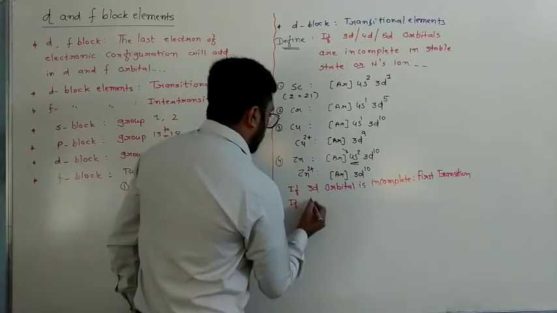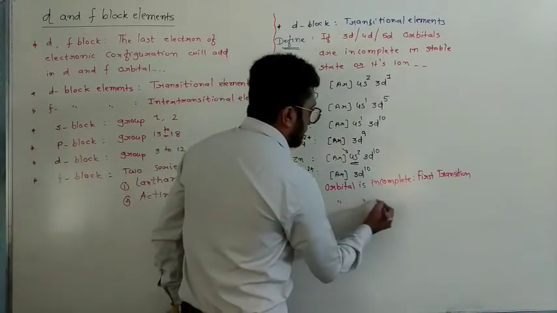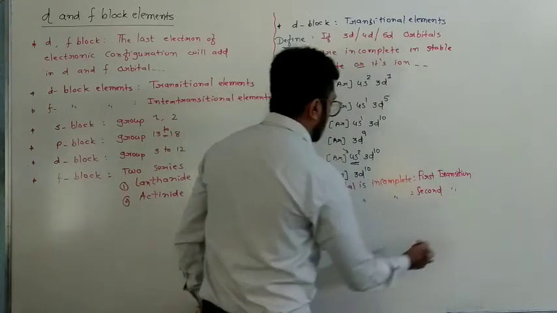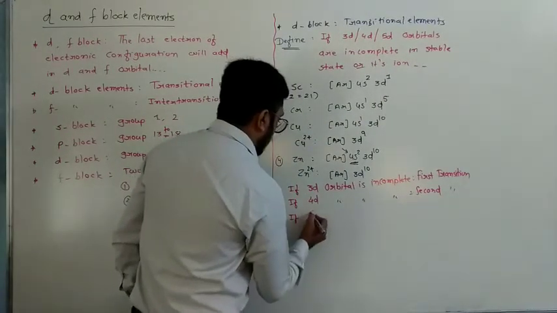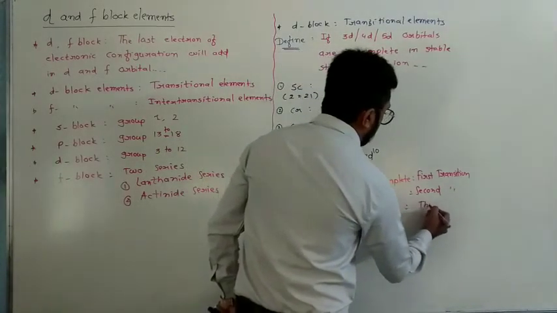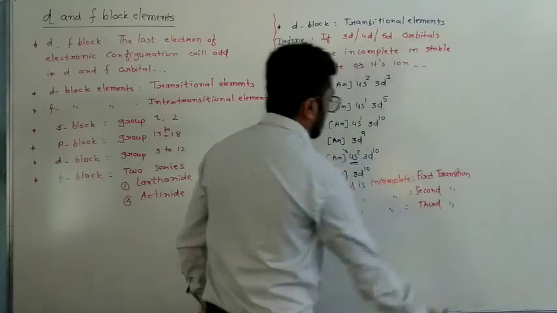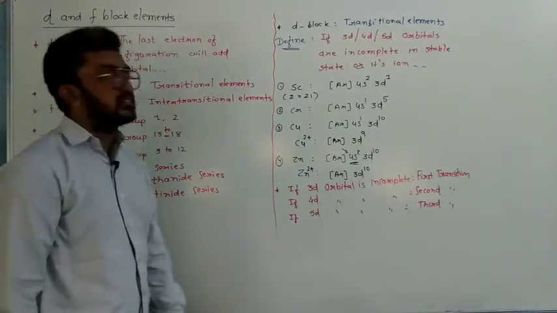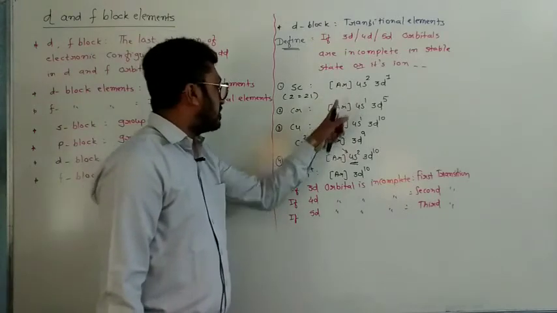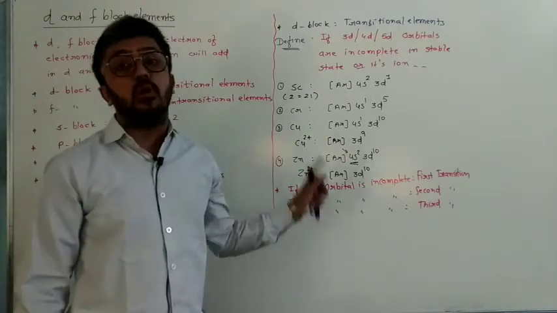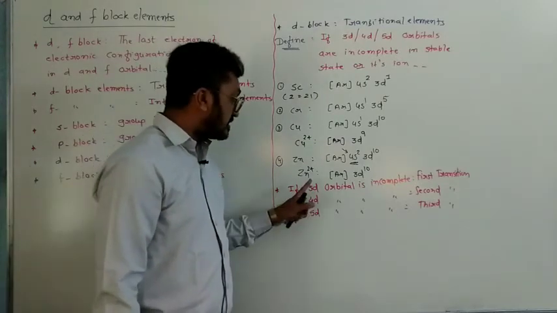If the 4d orbital is incomplete, then it is the second transition series. If the 5d orbital is incomplete, then it is the third transition series. If 6d is incomplete, then it is the fourth transition series. So scandium to zinc are the first transition series elements of the d block because they have the 3d orbital.